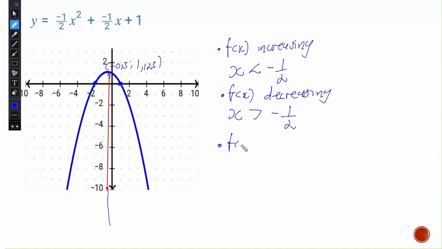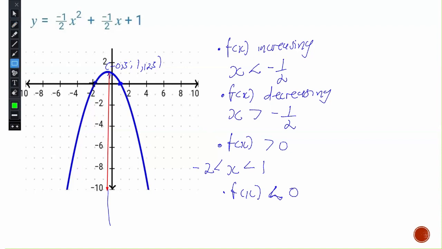And then where is f of x greater than 0, meaning above the x-axis? We can see that it is just in between the x-intercepts. So when x is greater than -2, but x is less than +1, right? But where is f of x less than 0, meaning below the x-axis?